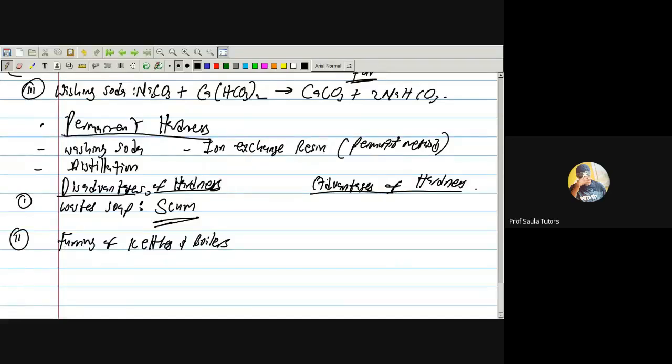The next one is that hard water is not suitable in laundry or tanning. You cannot use it in laundry because it will produce scum on customers' clothes.